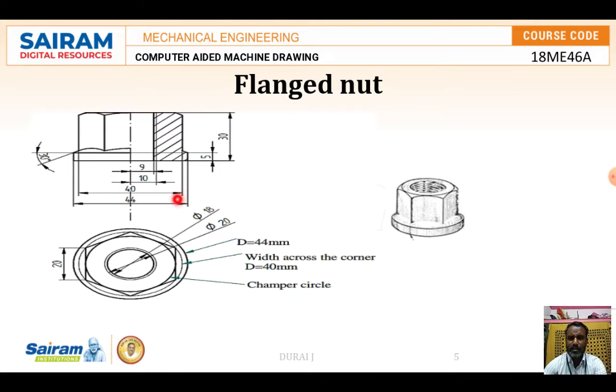The diameter across the corner is 40 mm, the diameter is 44 mm, height 30 mm, and the small extended depth from the width across the corner is 5 mm thick. The depth of the flanged nut is 30 mm. This way we are going to calculate the flanged nut, especially when the diameter is given as 44 mm.